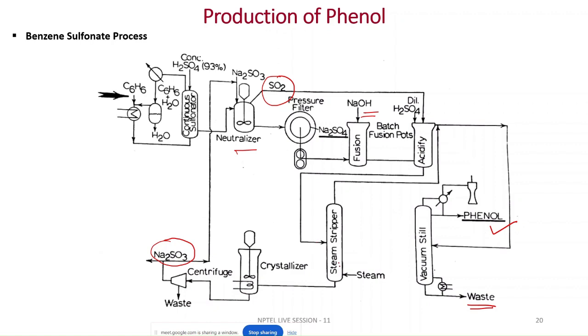Some of the top product of the steam stripper still contains phenol, which is separated out and sent to the vacuum still, and as a top product we separate out phenol.